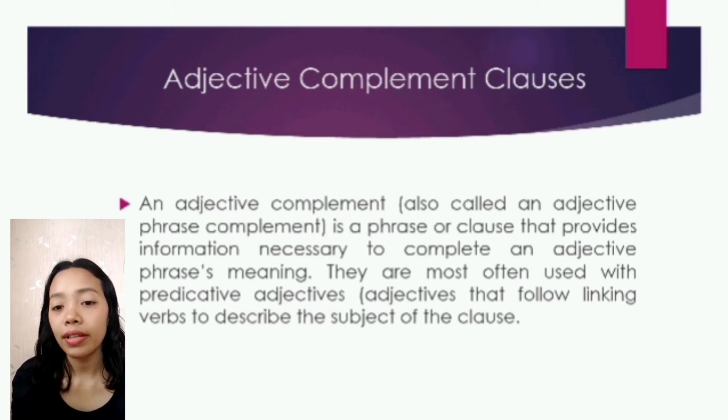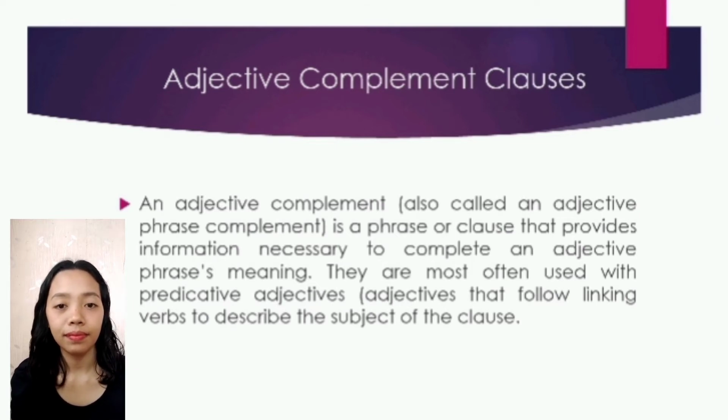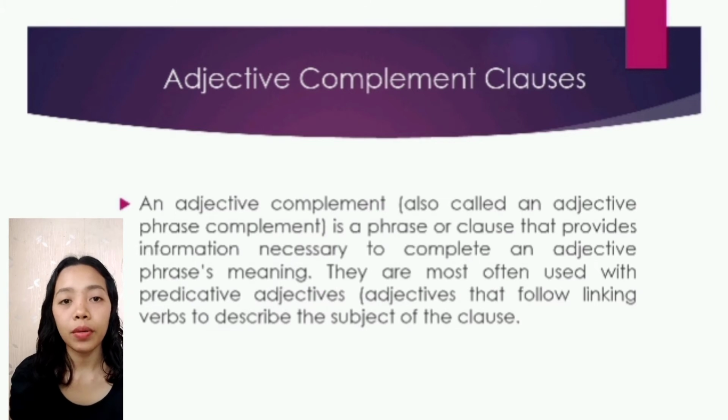If the meaning of an adjective is unclear as written, then an adjective complement is needed. There are important points to note. First, an adjective complement is more than a word, not just a word, but more than a word. Second, it comes right next to an adjective.